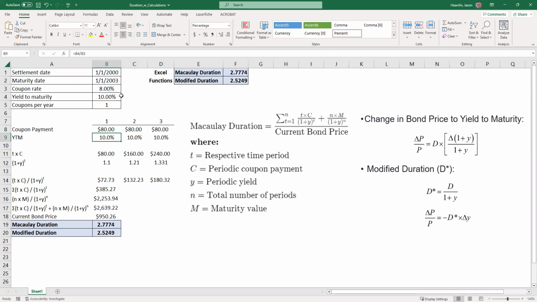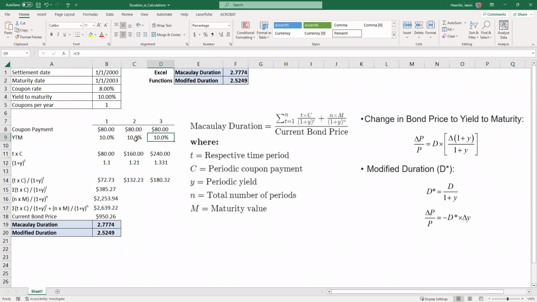The yield to maturity, we take the yield to maturity, we divide it by the coupons per year. So if it had been quarterly, then we need the yield to maturity per quarter. But in this case, divided by 1. For this calculation, we assume the yield to maturity stays steady throughout the 3 years in order to get the duration number that we need.